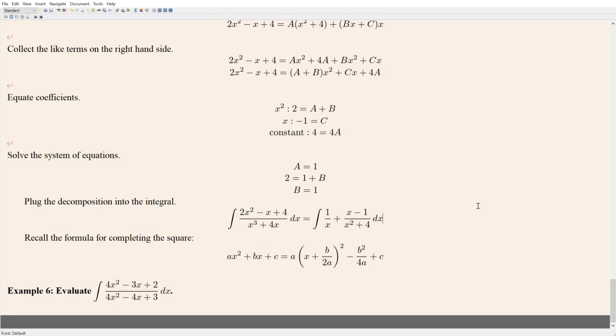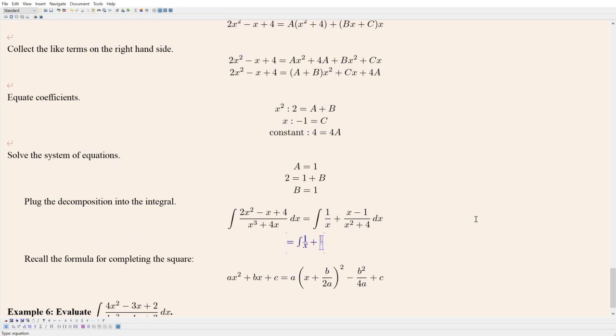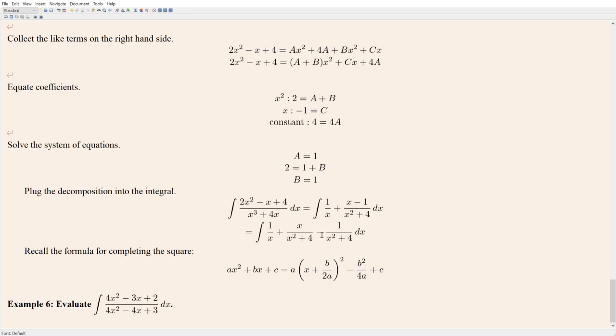And I can split this up a little bit further by turning this into x over x squared plus 4 minus 1 over x squared plus 4. The reason I did that is because now these two are amenable to the formulas that I wrote at the top of this document.